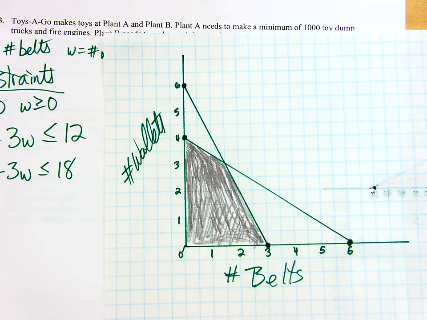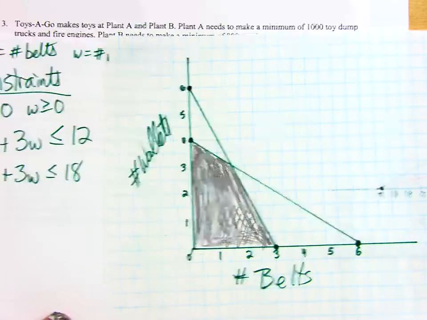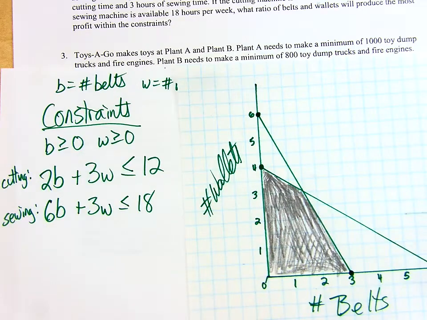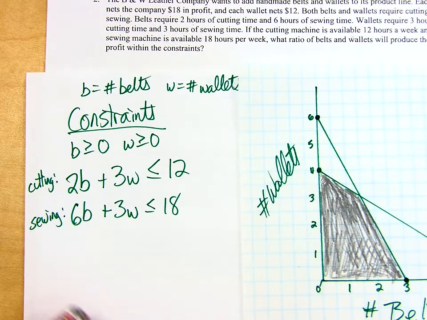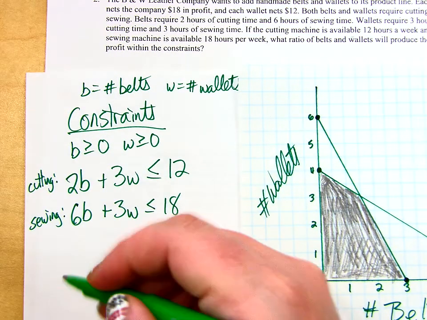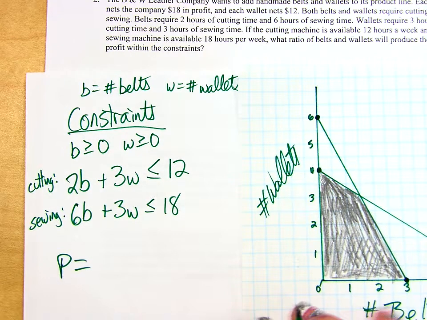So now all we need to do is look at our vertices and plug them into our objective function. We haven't written an objective function yet, so let's do that. How much money am I making from each of these things? Belts, $18, wallets, $12.